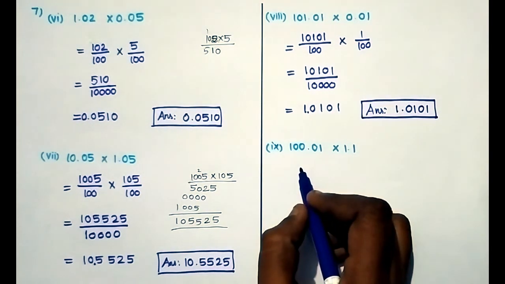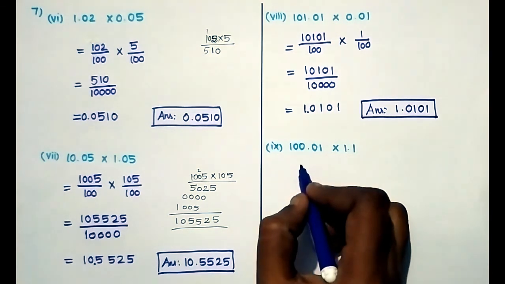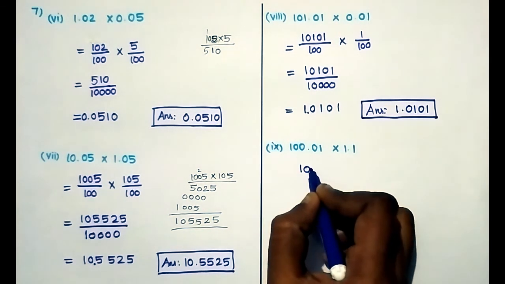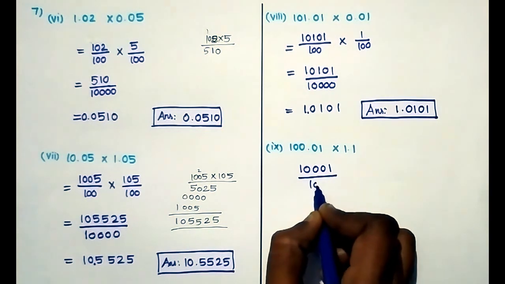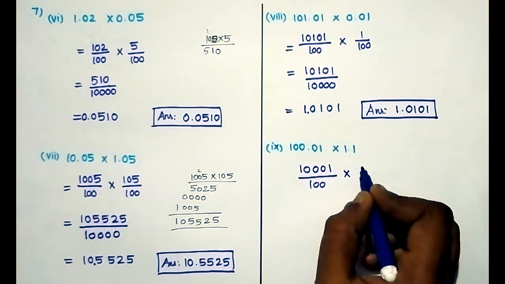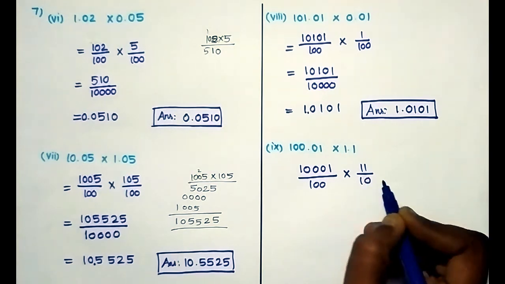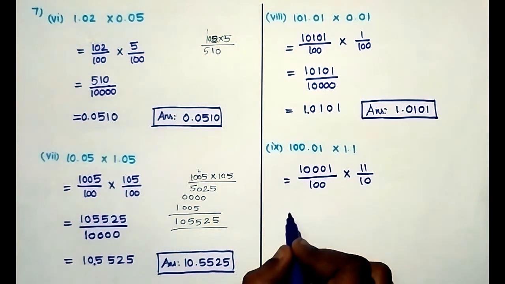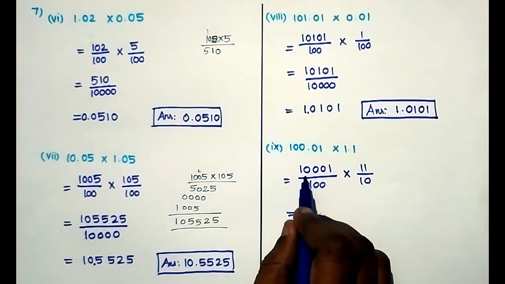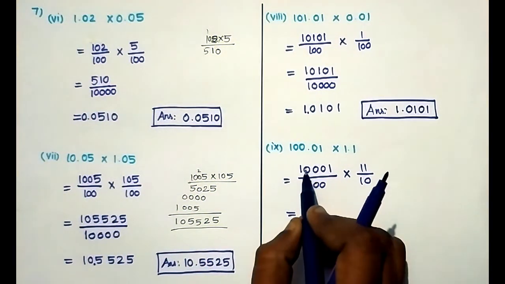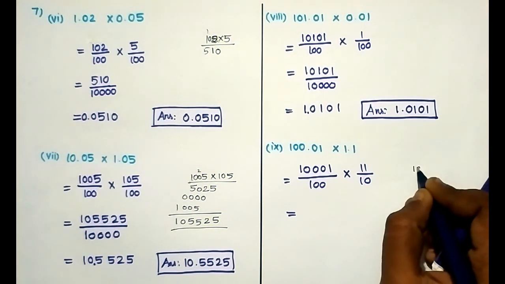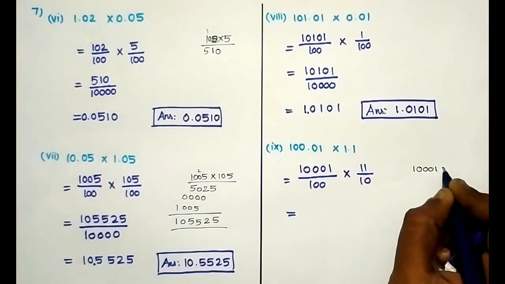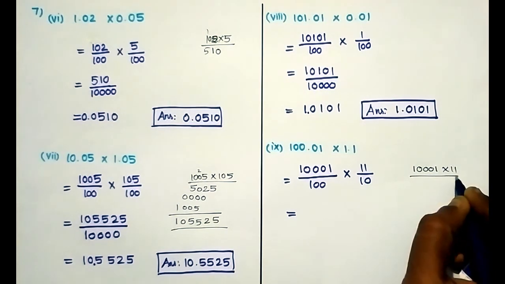Next sum, 100.01 divided by 100 into 11.10. Now multiply these two numbers, 10,001 and 11 into 11.